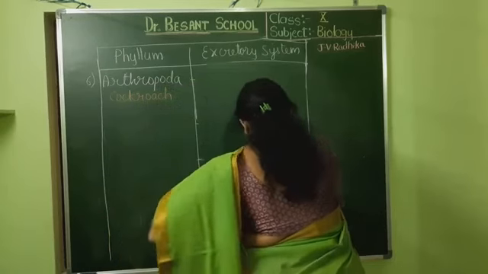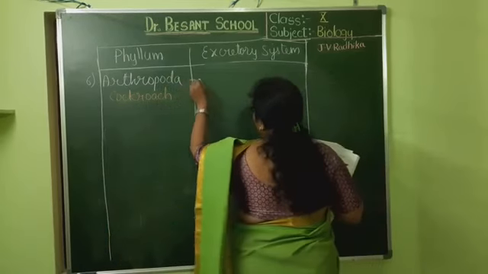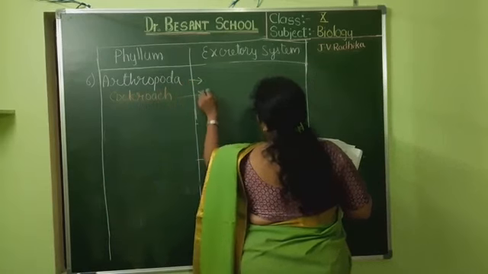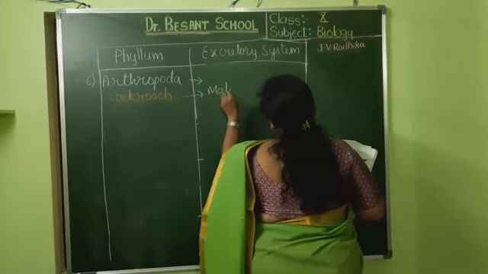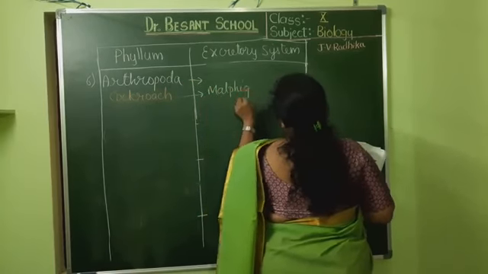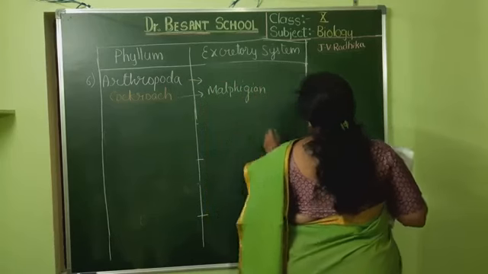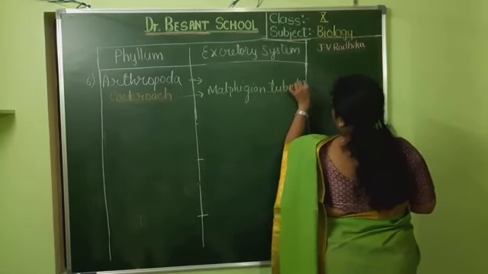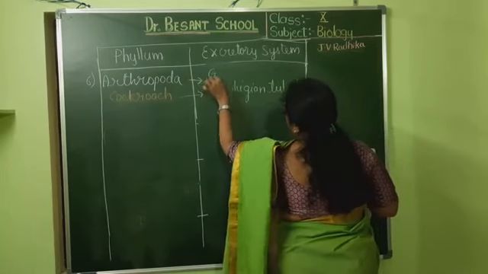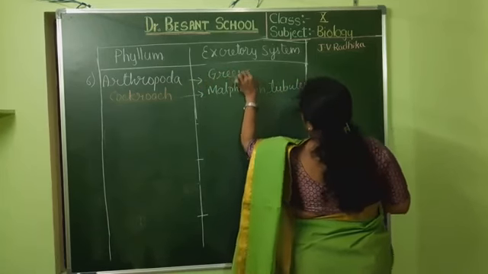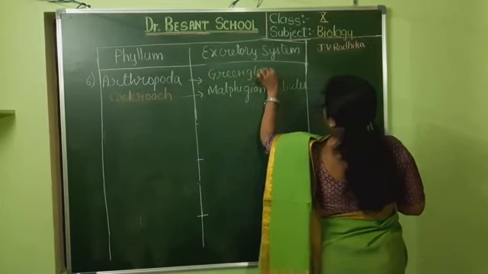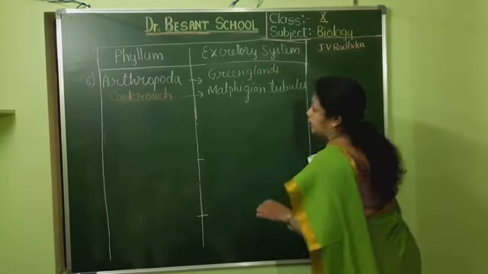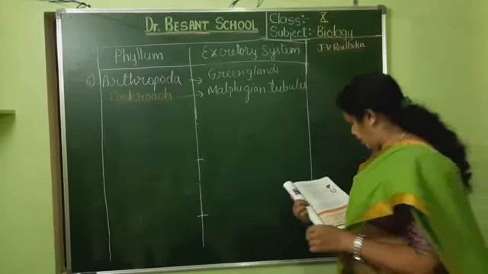Here, what do they have? They have green glands and Malpighian tubules. Cockroach has Malpighian tubules, and some of them have structures like green glands. Like the spiders and all, they have Malpighian tubules and green glands.